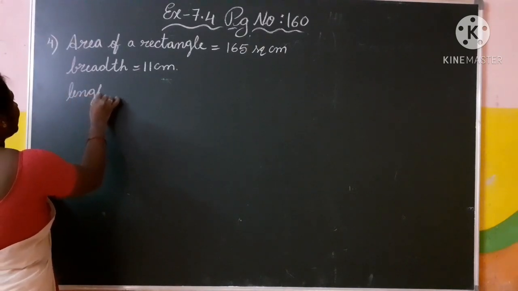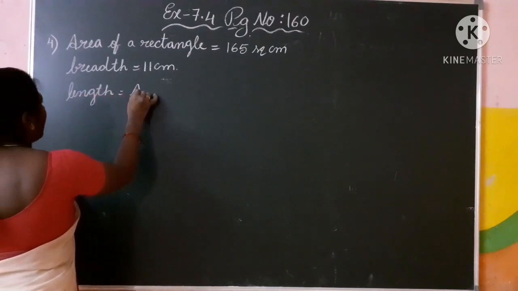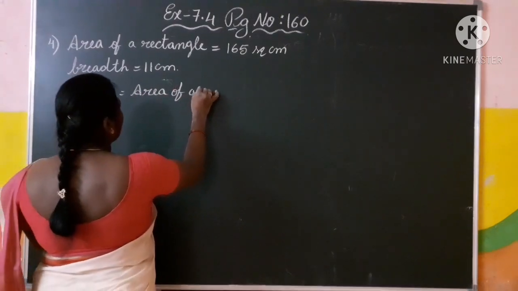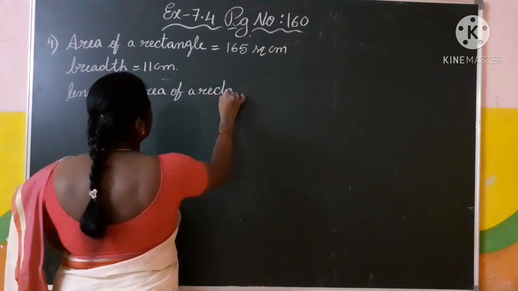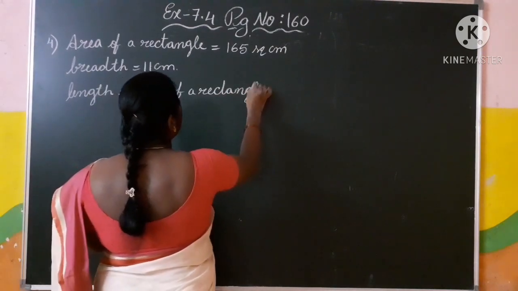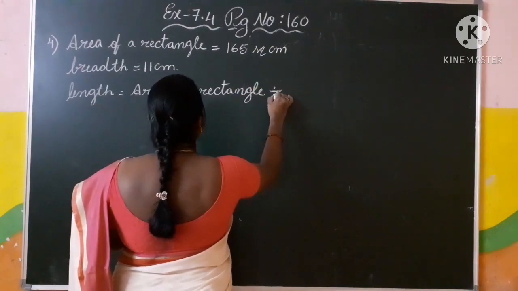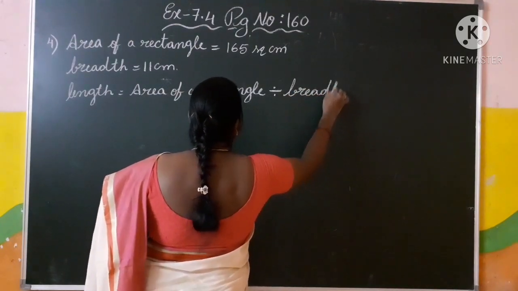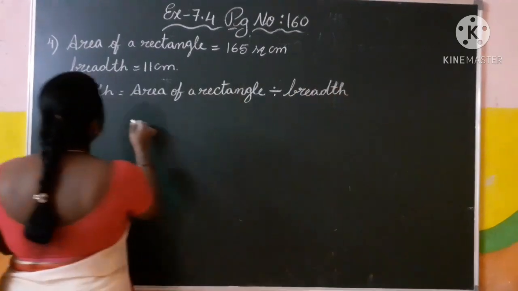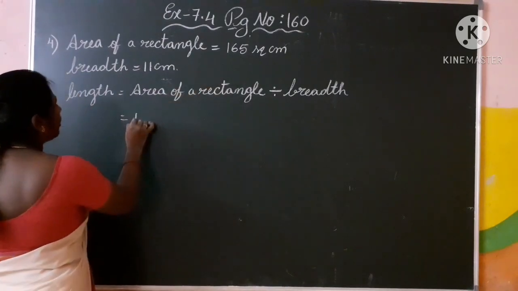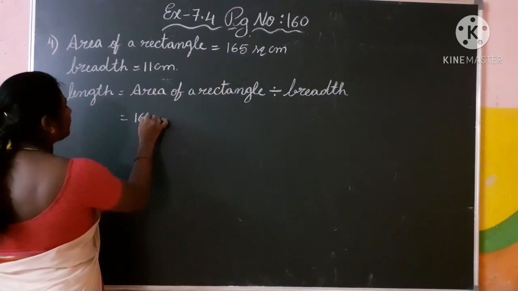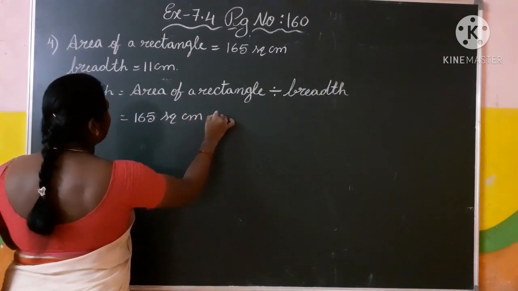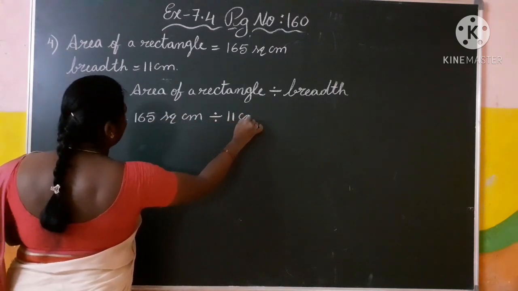Length is equal to area of a rectangle divided by breadth. So area of rectangle is 165 square centimeters divided by 11 centimeters.